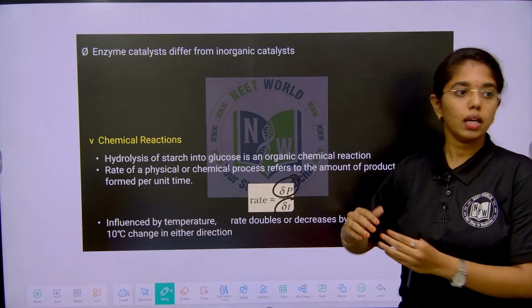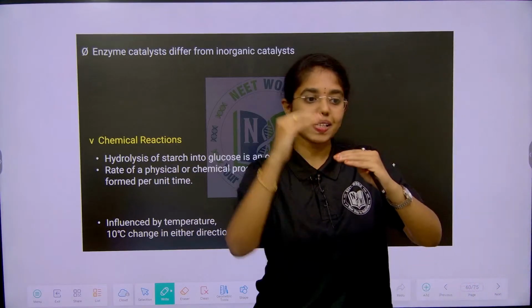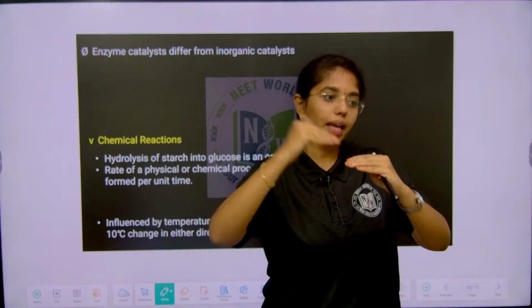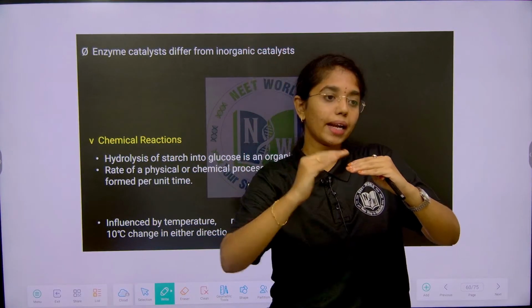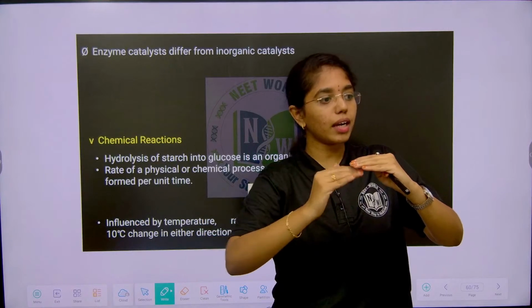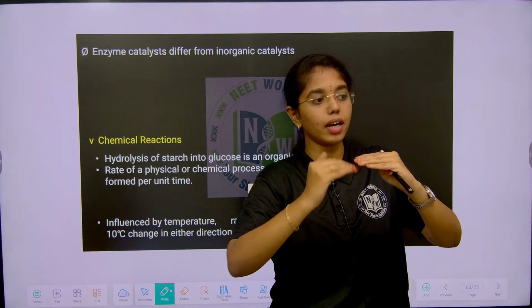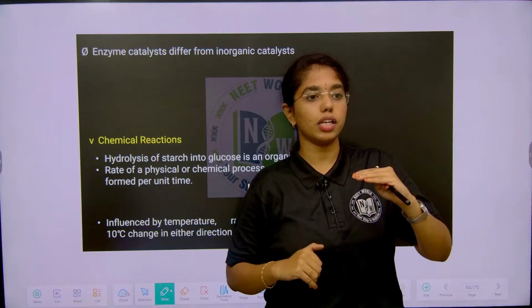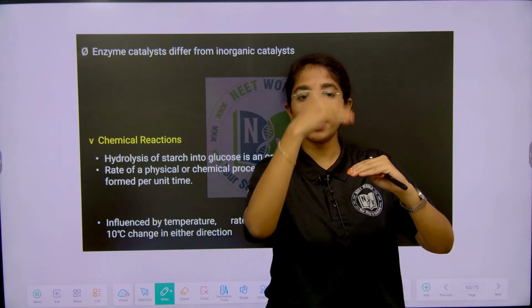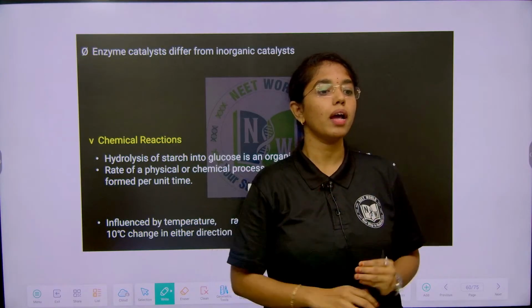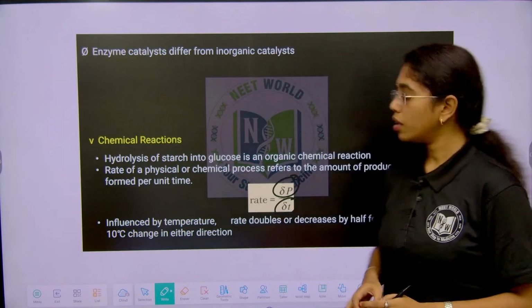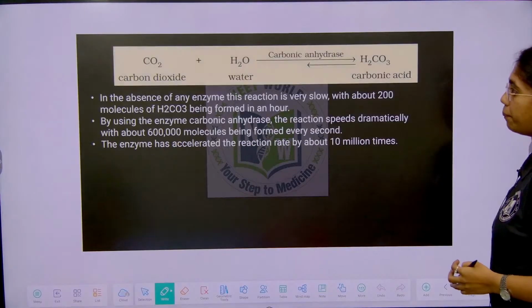For example, for every 10 degrees rise in temperature, the reaction rate increases until it reaches the optimum temperature. It is reduced to half when you decrease the temperature by every 10 degrees Celsius. So for every 10 degrees increase it doubles, and it halves when you decrease by 10 degrees Celsius, right? So that is the influence of temperature.